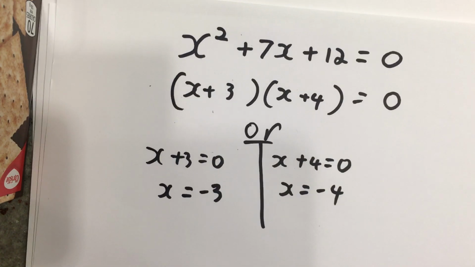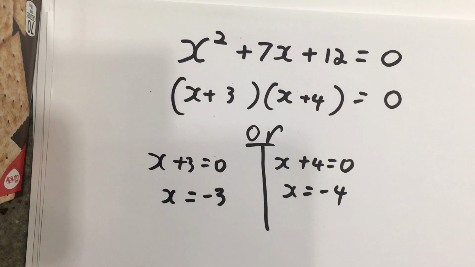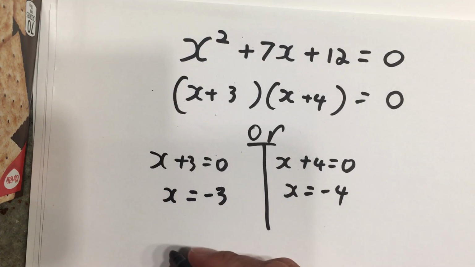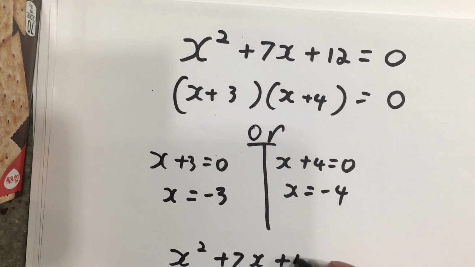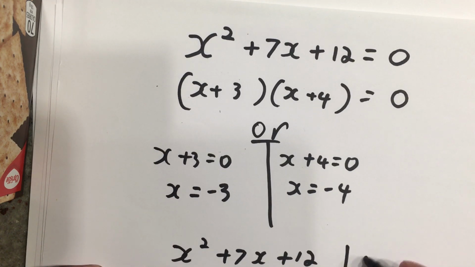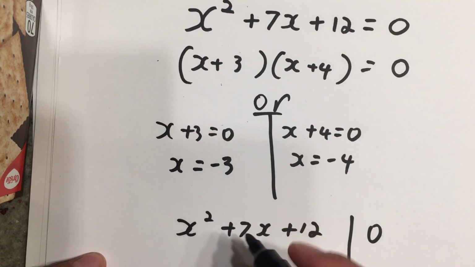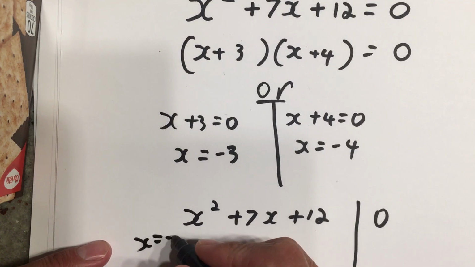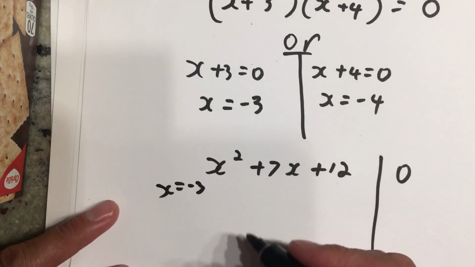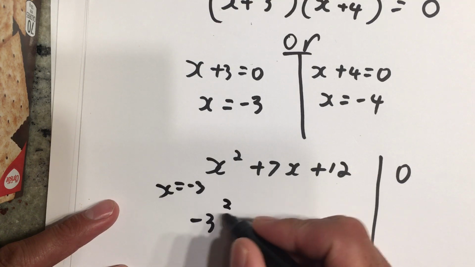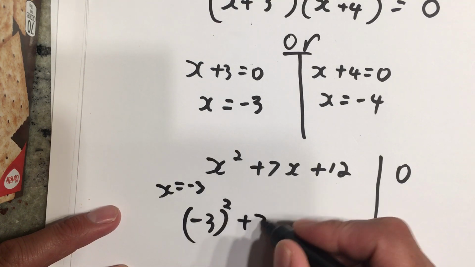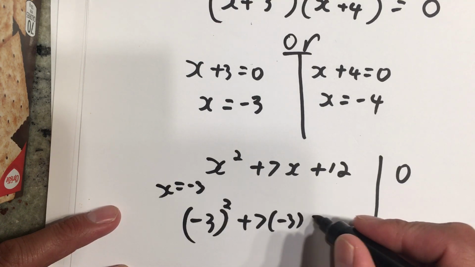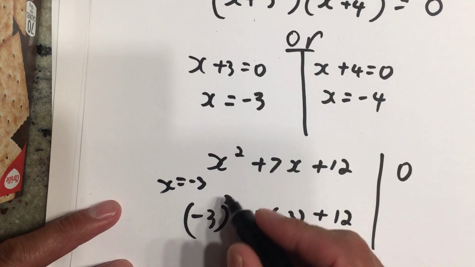To prove that that answer is right, all we have to do is plug it in. Let's take x squared plus 7x plus 12 and see if it's equal to 0 when x is equal to negative 3. So we'll sub in x equals negative 3. So we get negative 3 squared plus 7 times negative 3 plus 12.